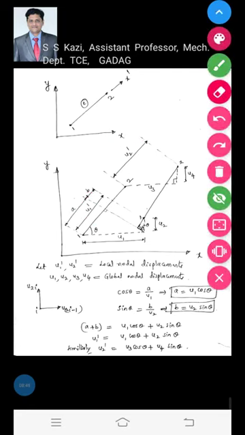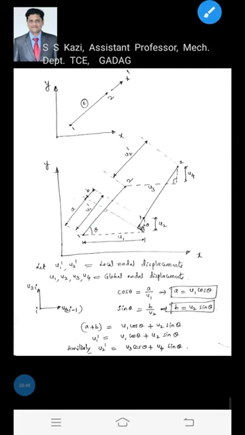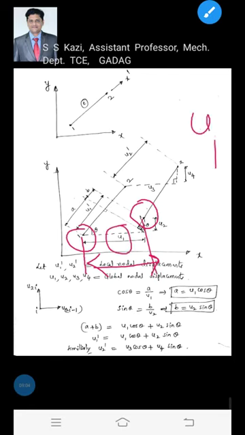Now come to global displacement. Globally, if you consider the entire structure, node 1 will attain a new position here. With global coordinates x and y, the displacement in the x direction is u1. u1 is the global nodal displacement in the x direction at node 1.